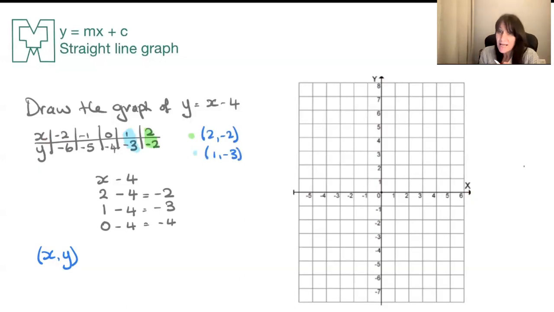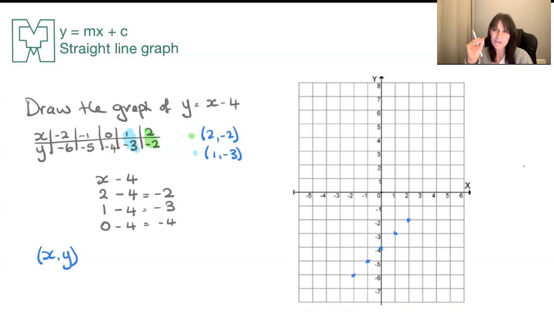I'll use that table of results to put all my crosses onto my graph. So I've got (2, -2), then (1, -3), (0, -4), (-1, -5), (-2, -6). And you can see they're all lined up, aren't they, in a beautiful straight line.